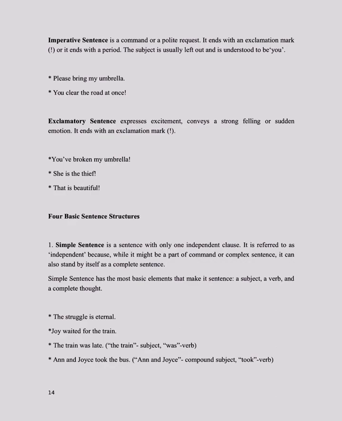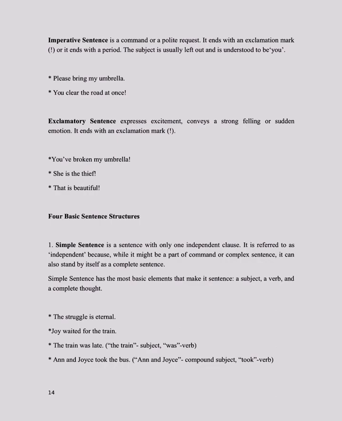Four basic sentence structures. Number one, a simple sentence is a sentence with only one independent clause. It is referred to as independent because while it might be a part of a compound or complex sentence, it can also stand by itself as a complete sentence.